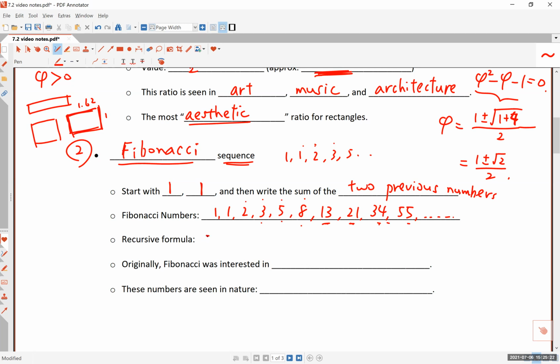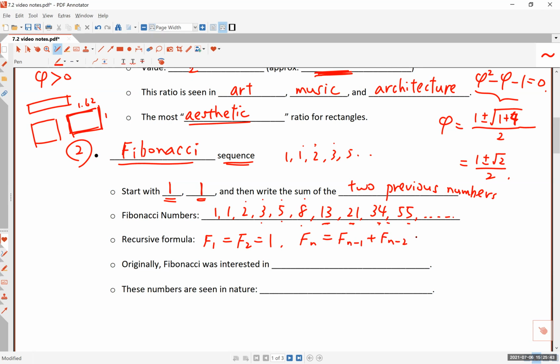So here's a recursive formula. The first term of the sequence, F1, and F2 are both 1. That means you start with 1 and another 1. And then F sub n, the nth number, is the number preceding and the number preceding that.